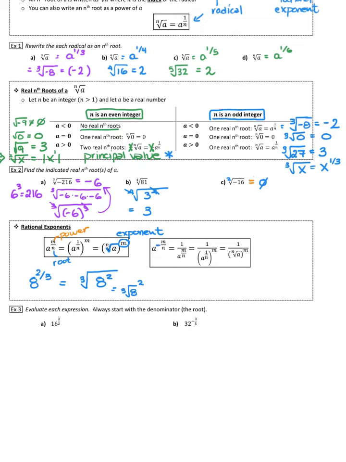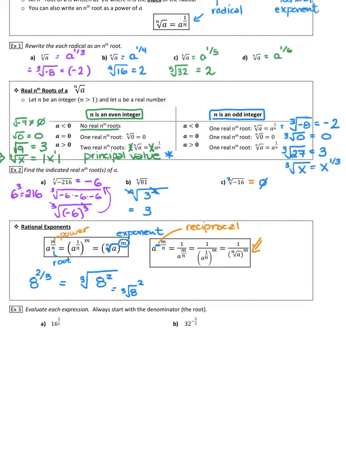If you have a negative here, remember a negative has nothing to do with the positive negative of a number. It means take the reciprocal. It's an action button. So same thing would be the case. Now you have the reciprocal of 1 over the nth root of a to the m.